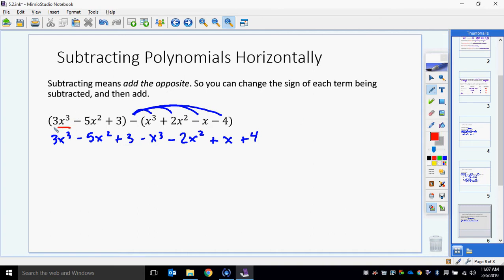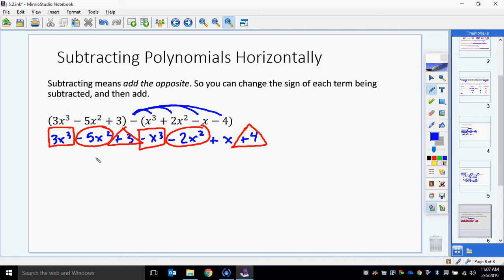Horizontally, I have my cubes, so find all your cubes and box in the sign in front of it. Find all your squares, you can circle them, making sure you circle in the sign in front of it. You have your x by itself, and then give your last shape to your constants.